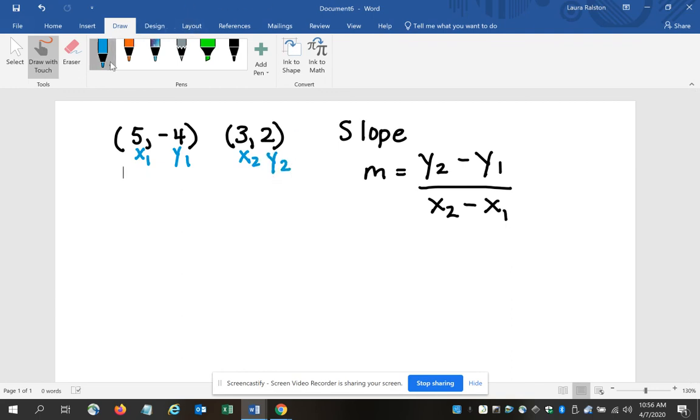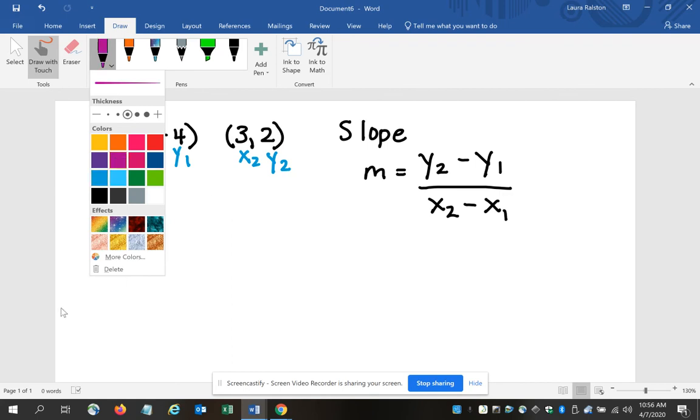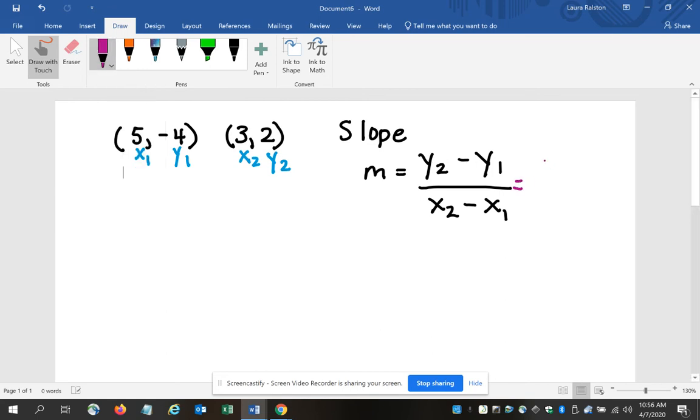And guys, at that point, it's a plug and chug. We plug the numbers into the formula and do the calculations. So I would have 2 minus -4 over 3 minus 5. Minus a minus, remember, gives us a plus.